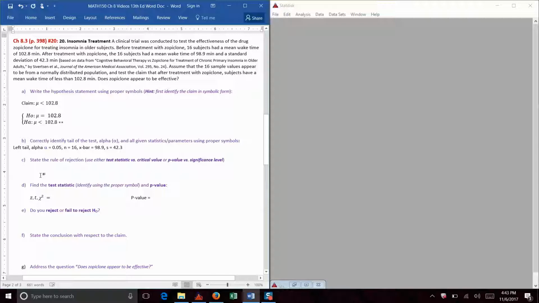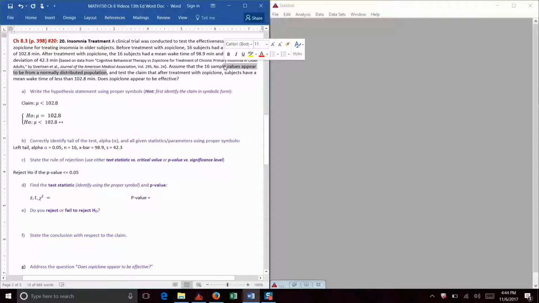Now, a rule of rejection, using p-value versus significance level: we will reject the null hypothesis if the p-value is less than or equal to whatever we set our alpha at. Again, that was 0.05. And in terms of our test statistic, we're testing means, and with our sample size being less than 30, we needed to know that the values appear to be from a normally distributed population.